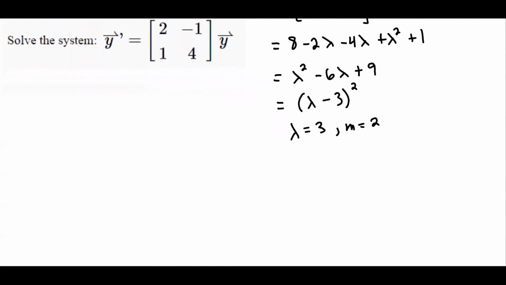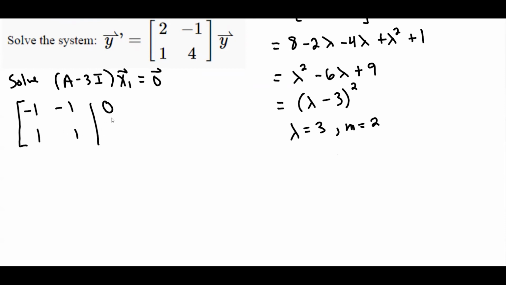So we need to find the eigenvector that goes with this eigenvalue. We're going to solve A minus 3I times x1 set equal to 0. So I'm going to subtract 3 from the main diagonal. That's going to give me negative 1, negative 1, 1, 1, and you can see that reduces pretty easily to 1, 1, 0, 0.